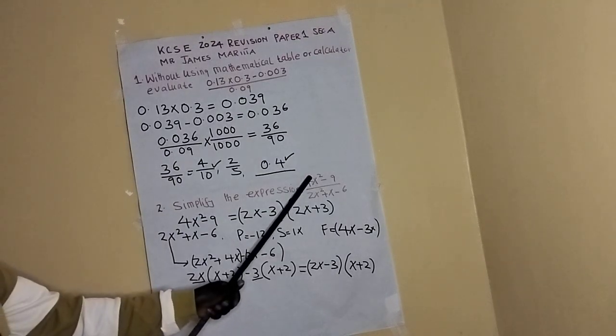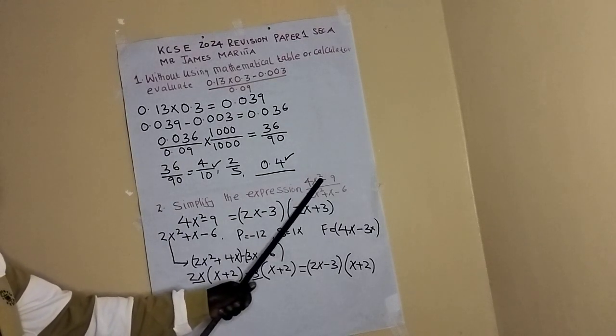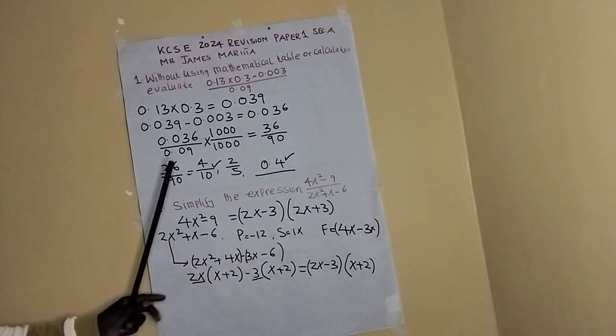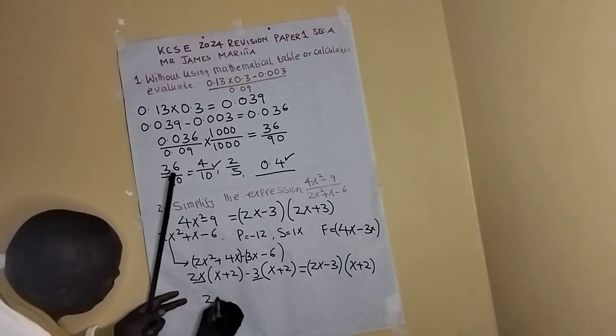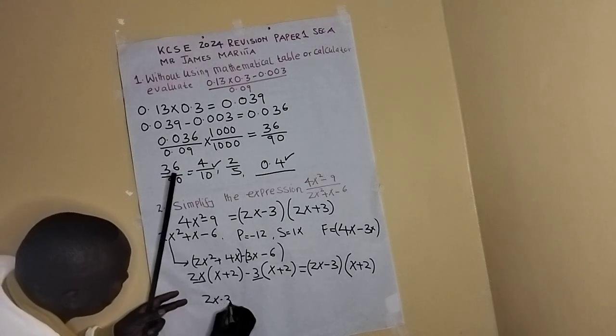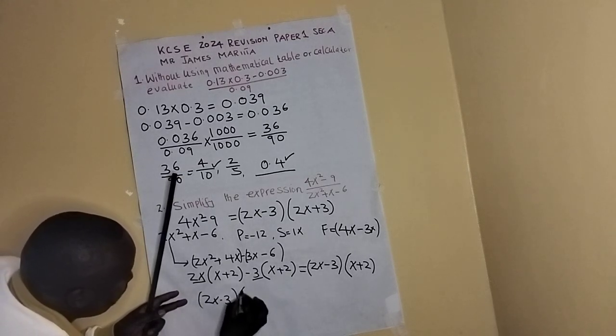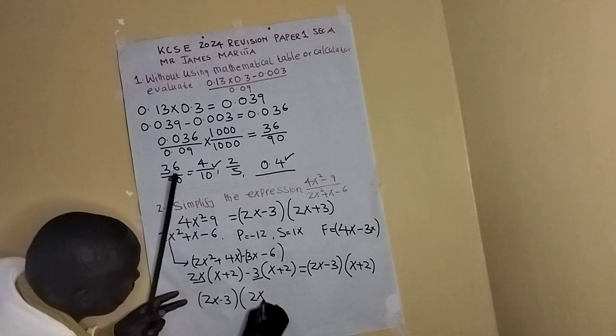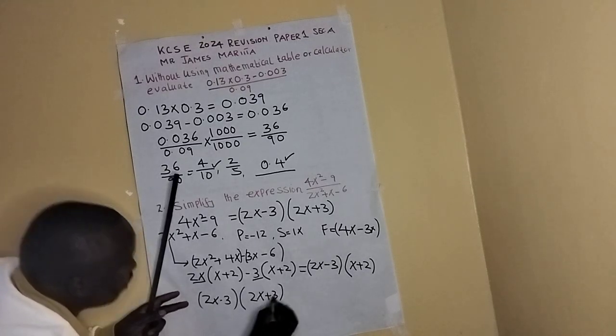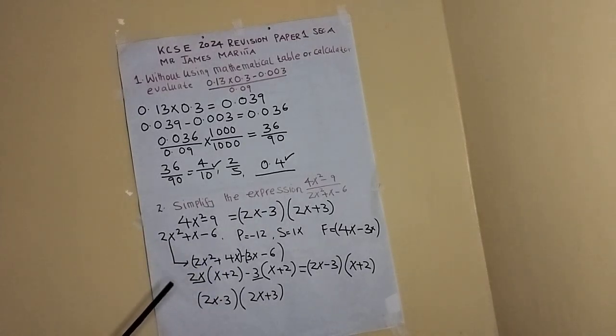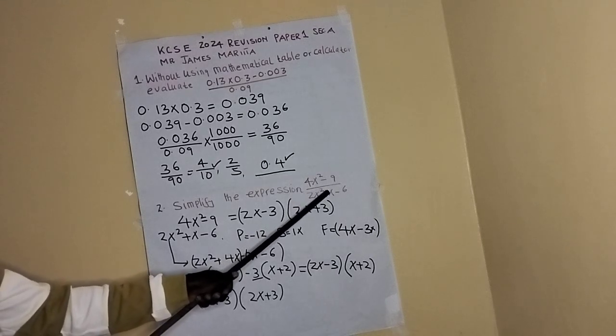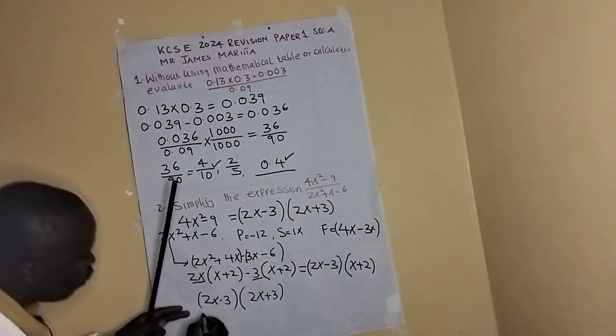So from 4x squared minus 9, we had 2x minus 3 times 2x plus 3. That is what we have here. Then from 2x squared plus x minus 6, we have 2x minus 3 times x plus 2.